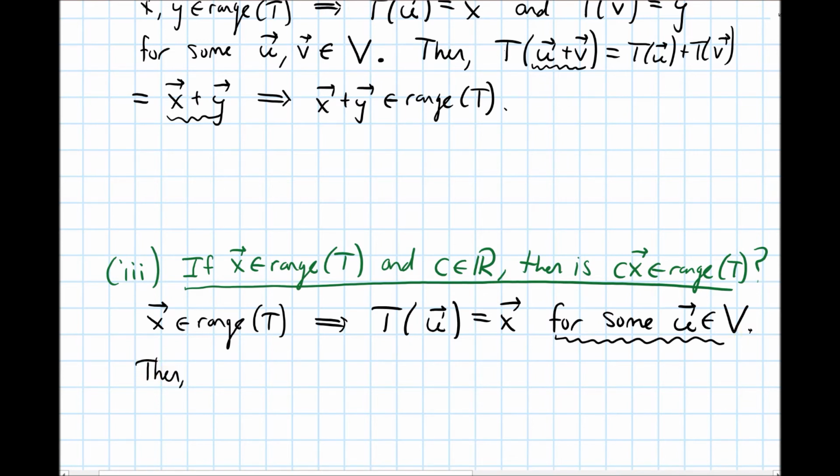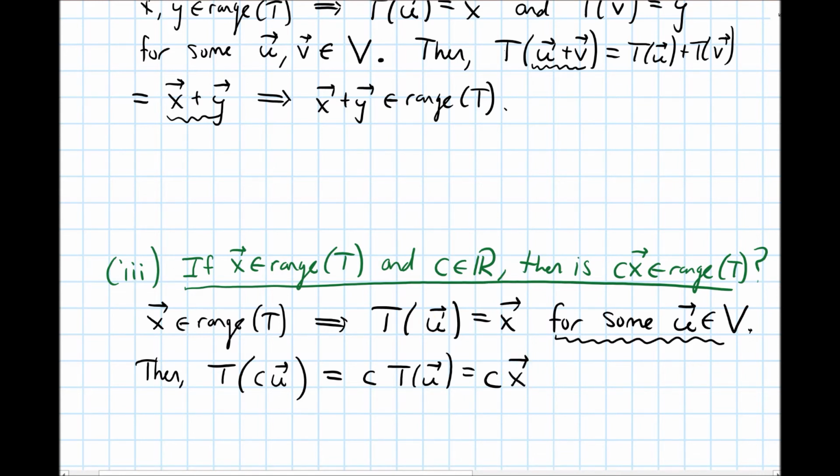So the way I would show that is I need to plug something into T to get out c times x. And what I'm going to plug in is c times u. Because using the property that T is linear, I can pull the c out in front. This is going to be c times T of u. So we have c times, and we know from above that T of u equals x. So we get c times x.